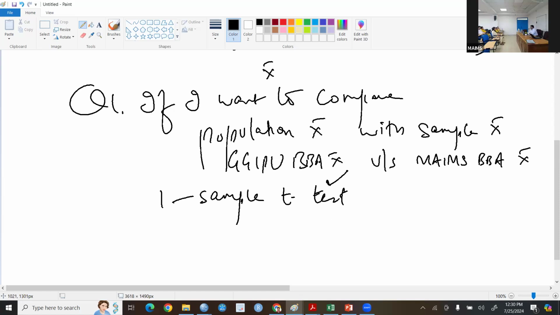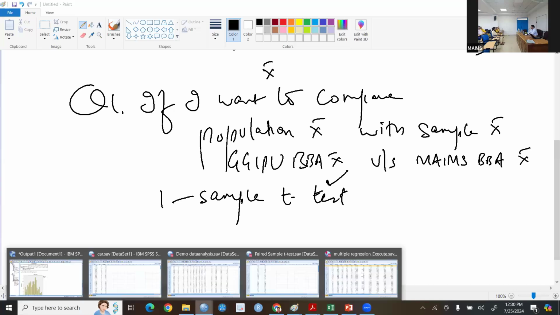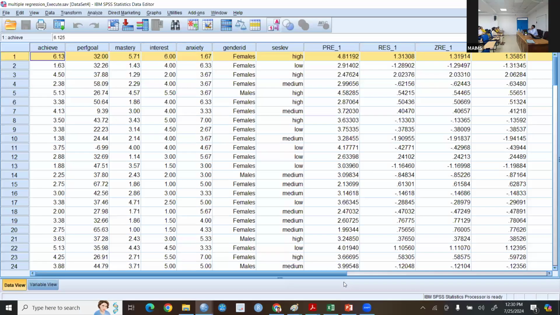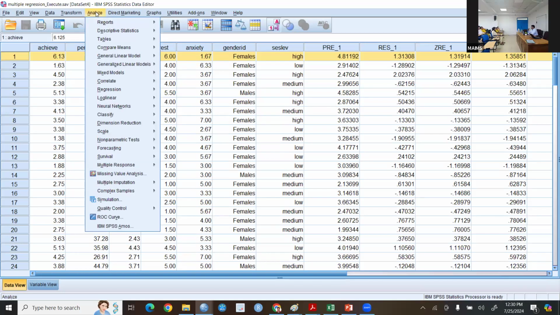Okay. So let us see this class. This is the CGPA of 60 students, right? 60 students are there for CGPA. I can go to Analyze. Now write down the steps. Go to Analyze, go to Compare Means. This compare means, because I'm working with means, that means I'm working with parametric tests.